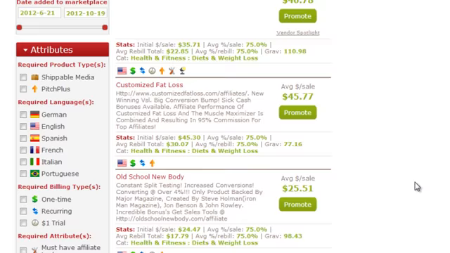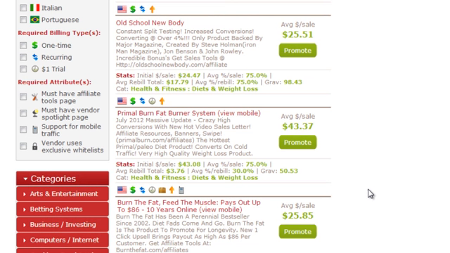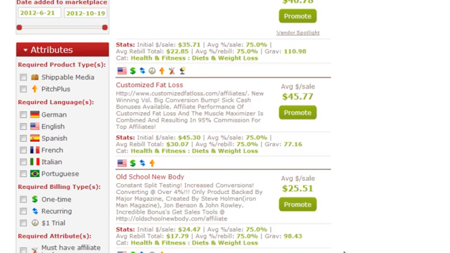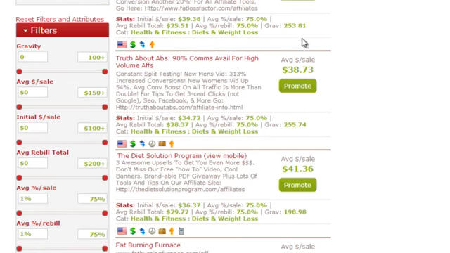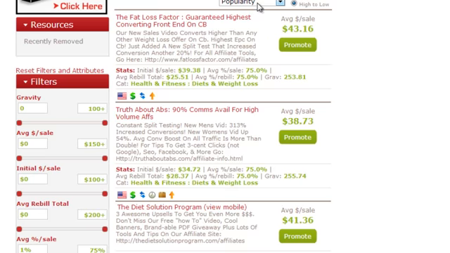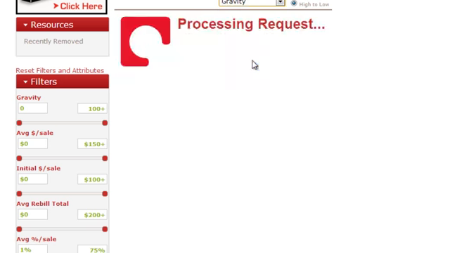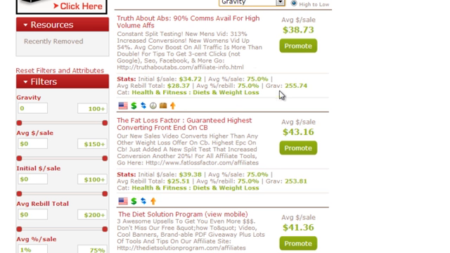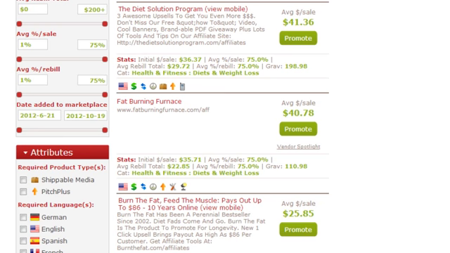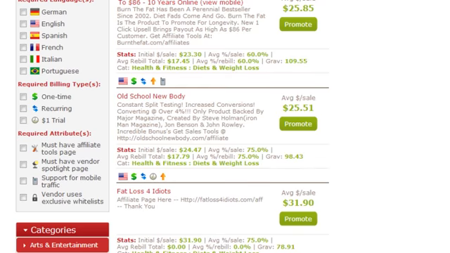But we can see here on the first page there are loads of products. Look, a gravity of 178, and the top one here, 253. We can even sort these by gravity, so we can put the highest at the top: 255, 253, 198, 110, 109, 98, 78.